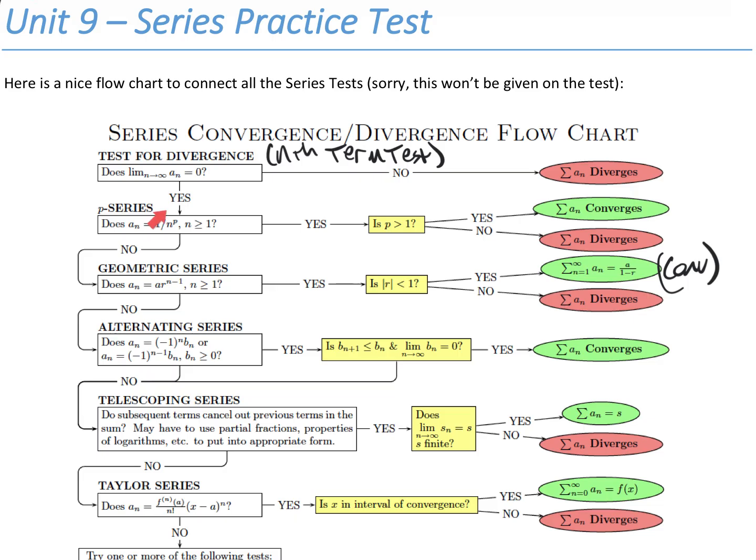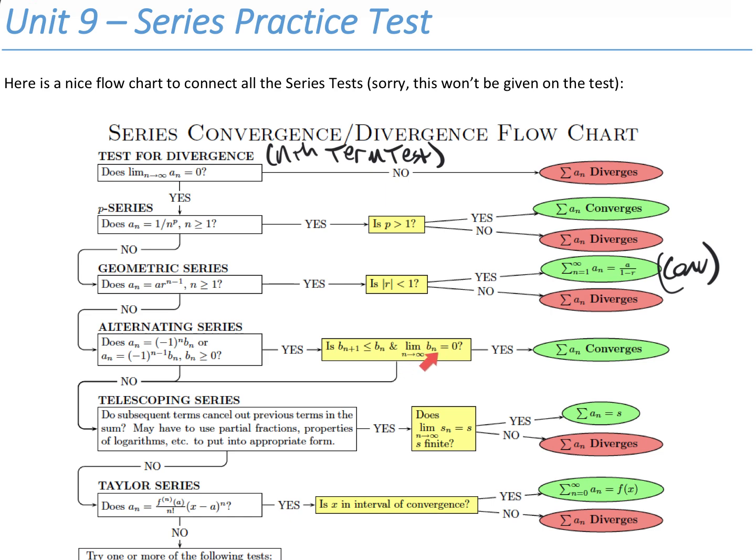All right, if it's not a p series and it's not geometric, is it an alternating series? Does it have this negative 1 to the n or negative 1 to the n minus 1? If yes, then we can check to see if b sub n plus 1 is less than b sub n. In other words, it's not increasing; it could be equal, that's okay.